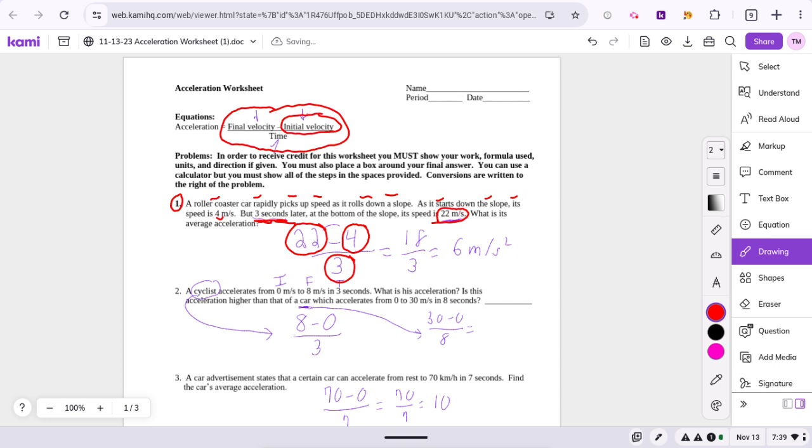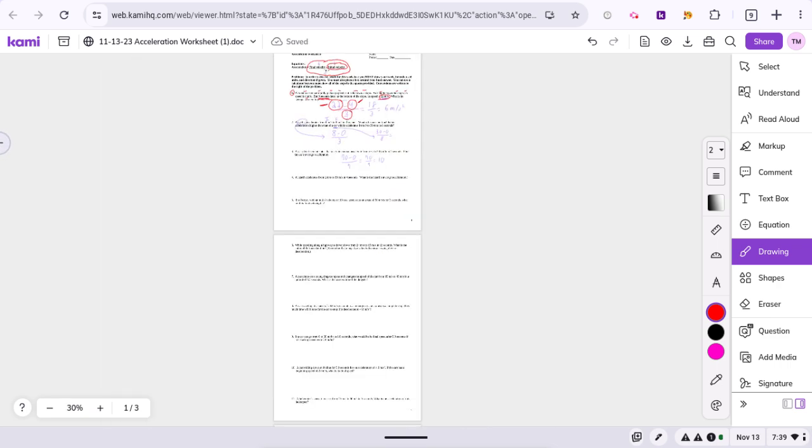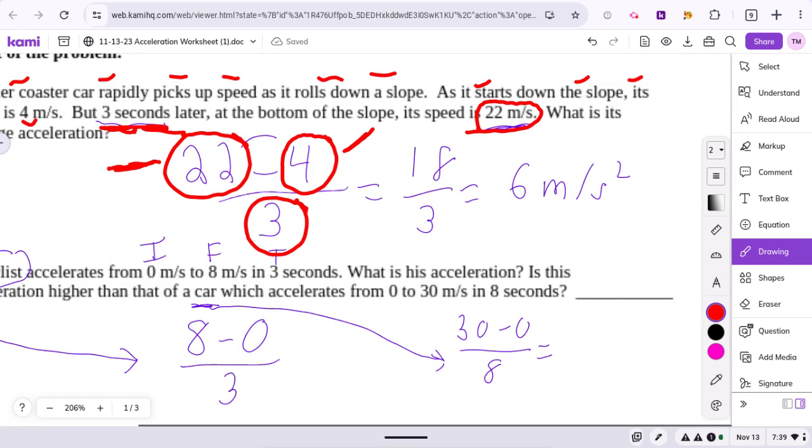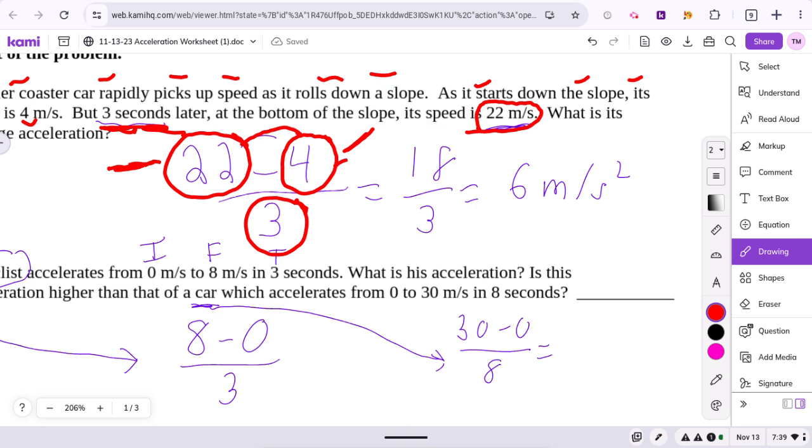The initial velocity of 4, the final velocity of 22, and then you would just subtract those numbers and then divide. So you do 22 minus 4, that's going to be 18. Put the 3 down here on the bottom, and then 18 divided by 3 is 6.